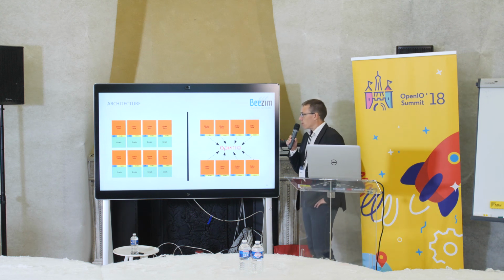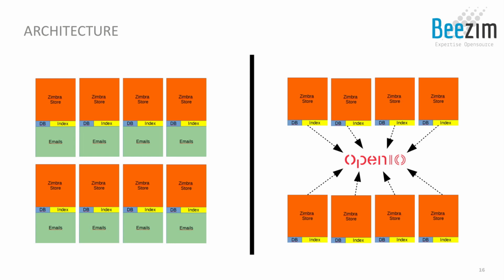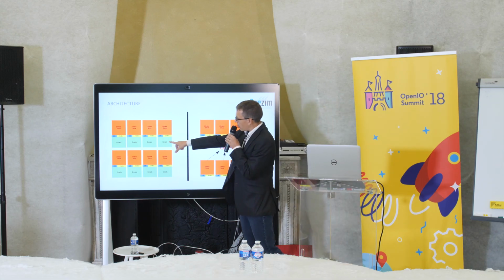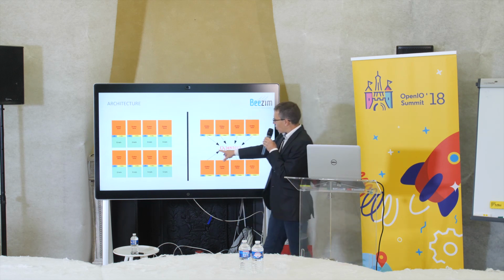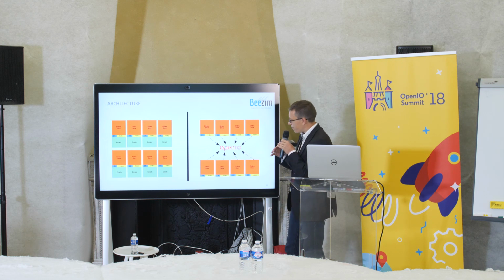So we come to the integration with OpenIO. The difference between the two architectures: the legacy architecture with email storage attached to each server, and the new architecture with OpenIO, the difference is here. Here you will have all the emails stored in OpenIO, in an OpenIO cluster.